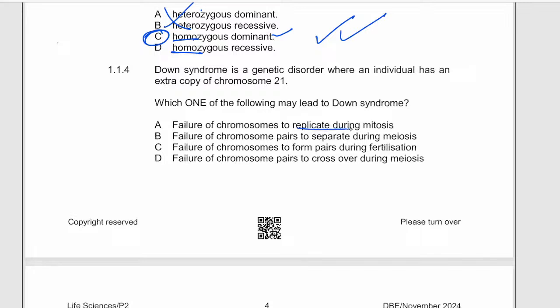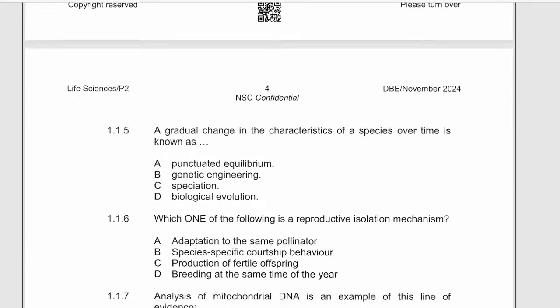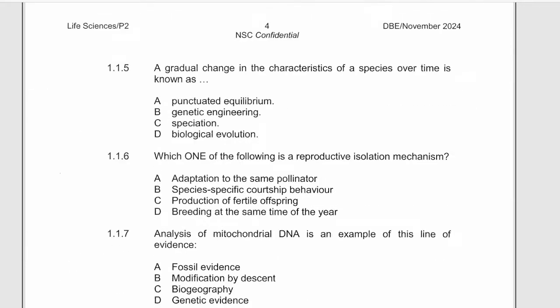Failure of the chromosome to replicate, out. Failure of the chromosome pair to separate during meiosis, looks to be correct. Failure of the chromosome to form pair during fertilization, nope. Failure of the chromosome pair to cross over during meiosis, out. So B becomes the most correct answer. We go to the next question.